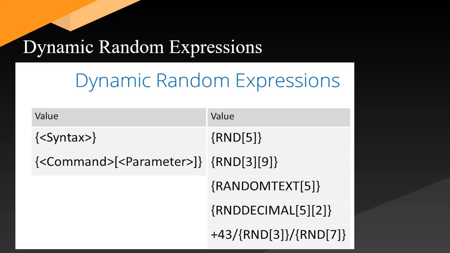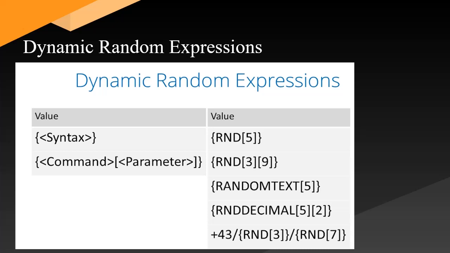If I provide the text length as 5, it's going to create a random text which includes letters as well as numbers, with a length of 5. In the same way, random decimal.